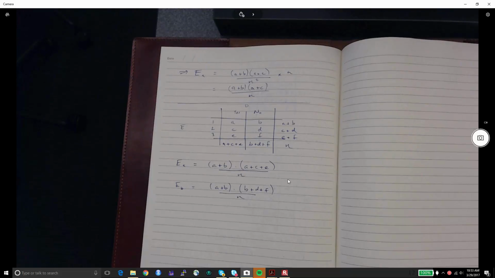And Eric talked about on Monday how when you have these larger tables, the number of degrees of freedom is different than it is for the smaller tables. Does anybody remember what the formula was? Right, R minus 1 times C minus 1. So in this case, that would be what? So we're going to have a chi-square statistic with 2 degrees of freedom, which we should use as our reference distribution, instead of a chi-square statistic with 1 degree of freedom.